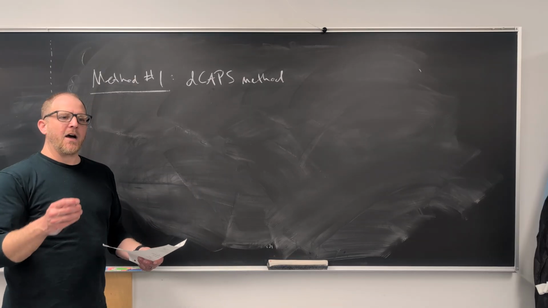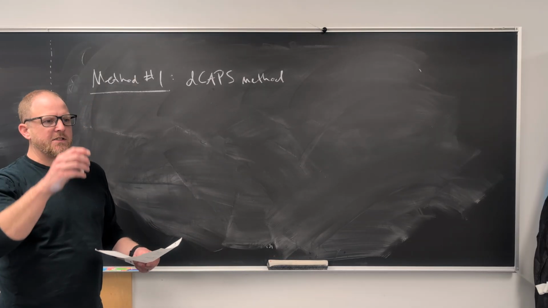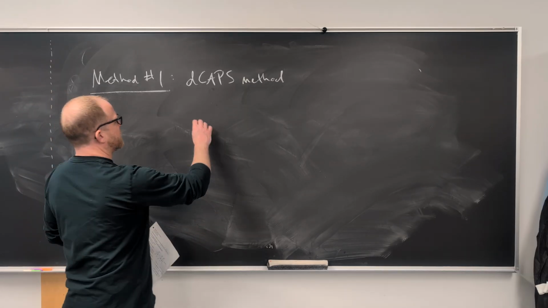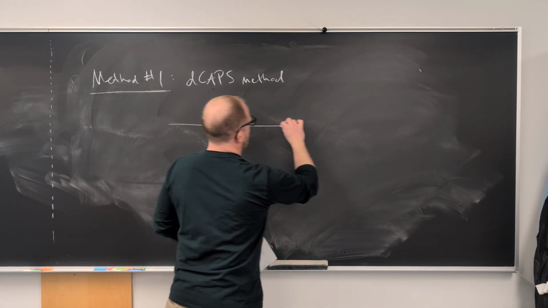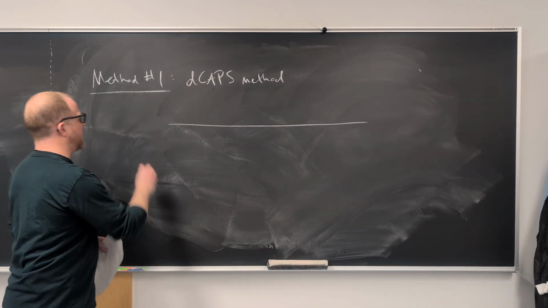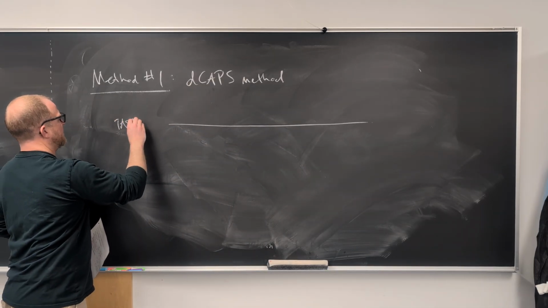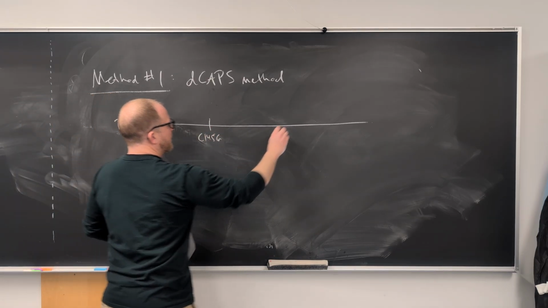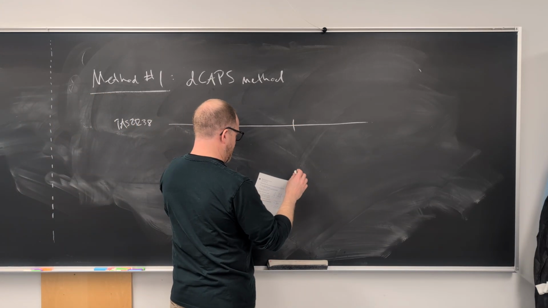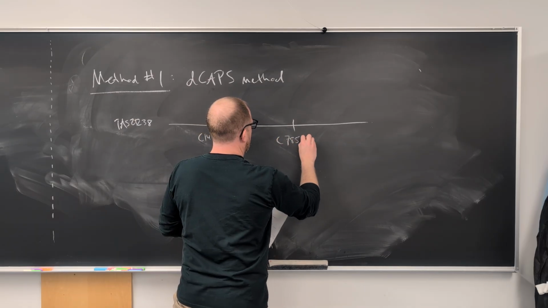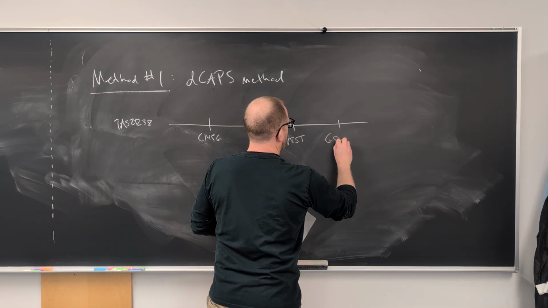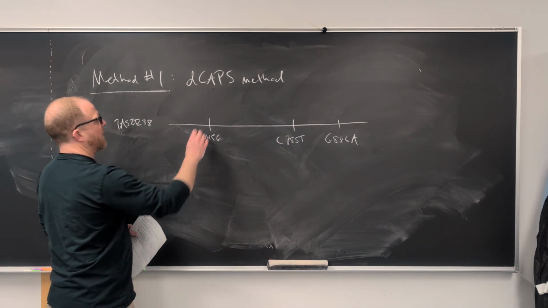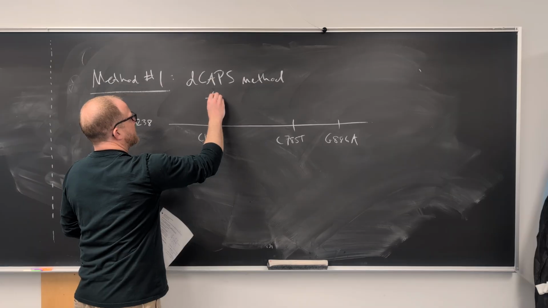Essentially, this uses a combination of PCR and restriction enzyme digests to identify your genotype. It roughly works like this. If this is our TAS2R38 gene here, and here we have our C145G, C785T, and G886A, this method focuses really only on this SNP right here.